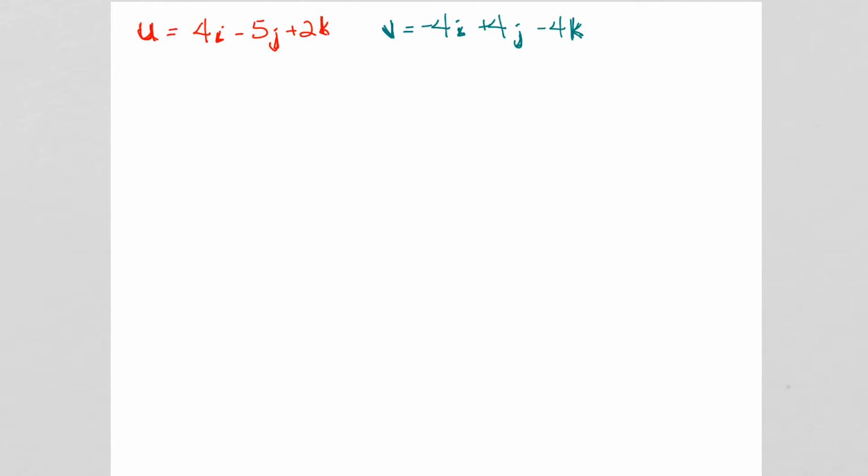Okay, so we need the cross product u times v. So we'll use the determinant again. i, j, and k will go across the top. Then u is the second row, and v is the third row.